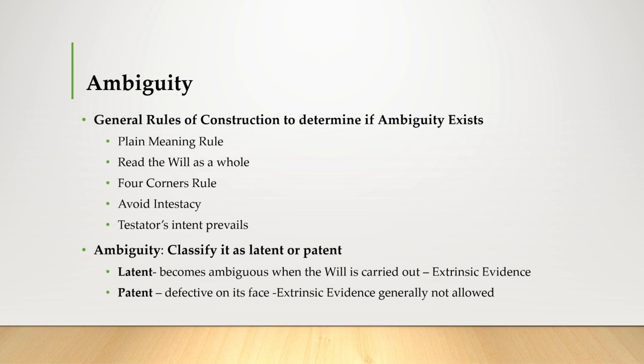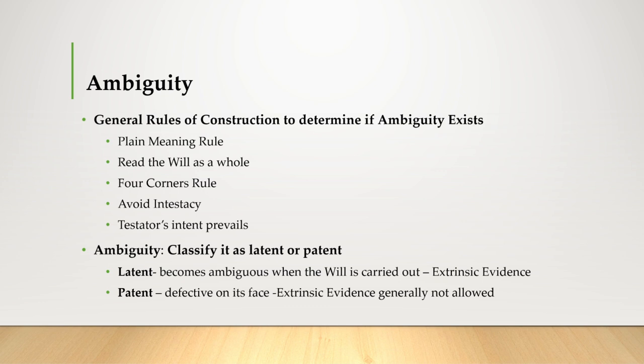All of the other rules you've probably been exposed to before, plain meaning rule, and we look at these rules in determining whether or not an ambiguity exists. If we can carry out the plain meaning of the rule, then we need not go to the ambiguity, classifying it as latent or patent, and applying the extrinsic evidence.